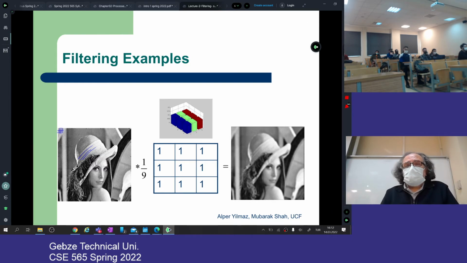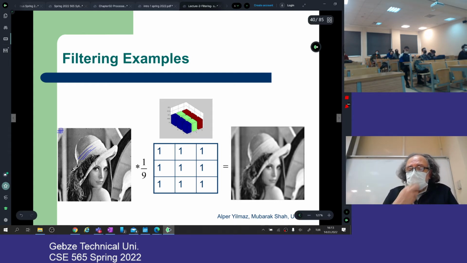Remember our noise models, remember the Gaussian noise? This might be a good way of handling that noise, right? Taking the local average of the pixels of the image around every position might be a good thing actually, because I am taking the average around the neighborhood.